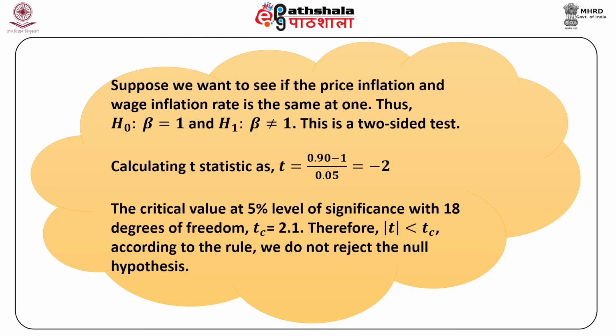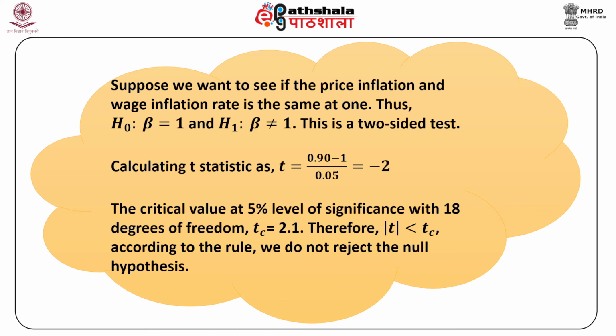Now calculating the T statistic, T equals 0.90 minus 1 upon 0.05, which comes out to be minus 2. The critical value at 5% level of significance with 18 degrees of freedom, which is Tc, is equal to 2.1. Therefore, you find that modulus T is less than Tc.